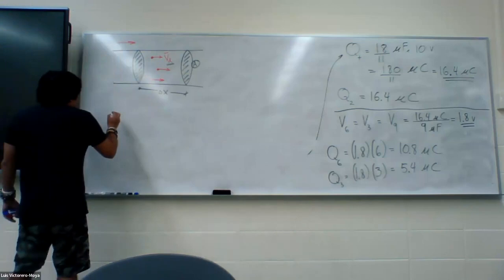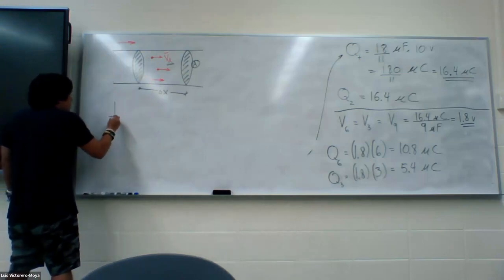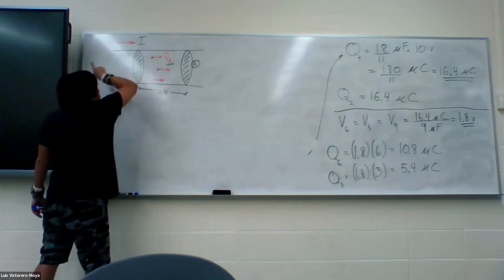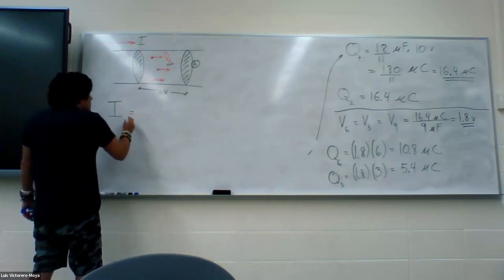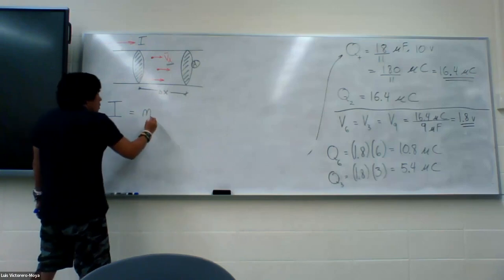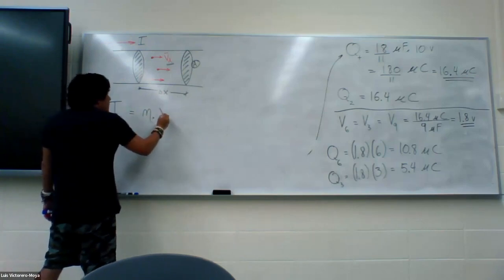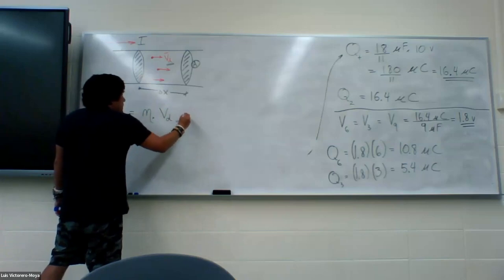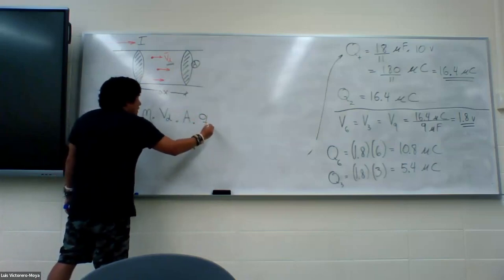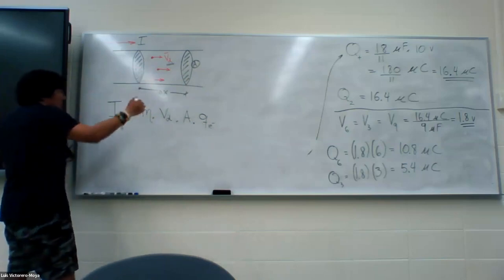So then we can define the current flowing as the density of carriers n multiplied by the drift velocity, multiplied by the area, multiplied by the charge of the electron, the magnitude of it.